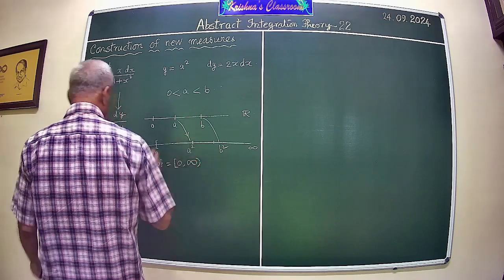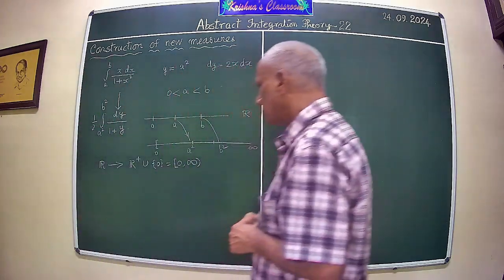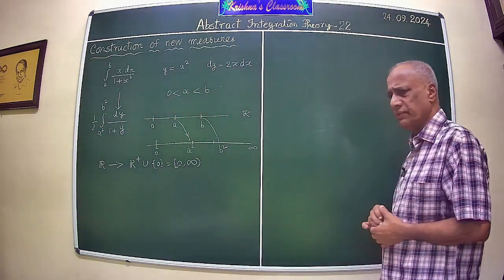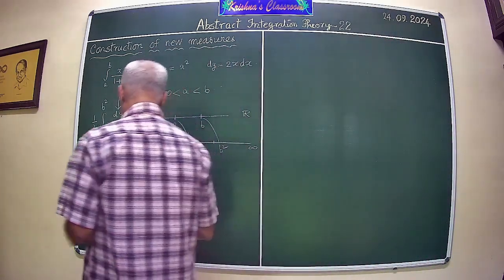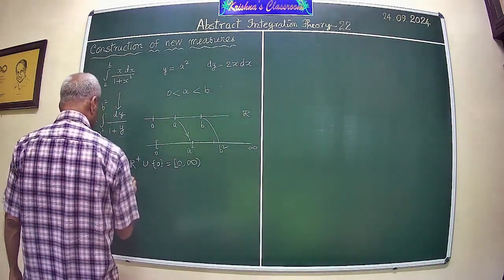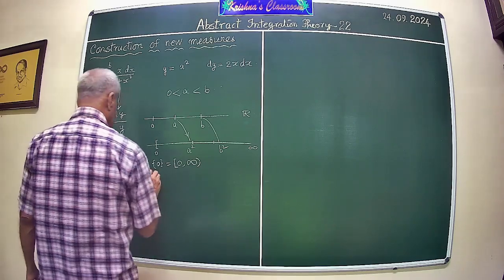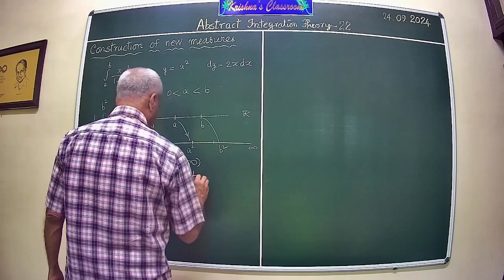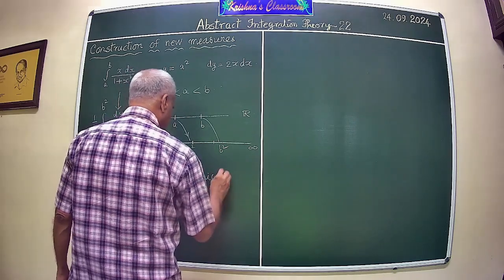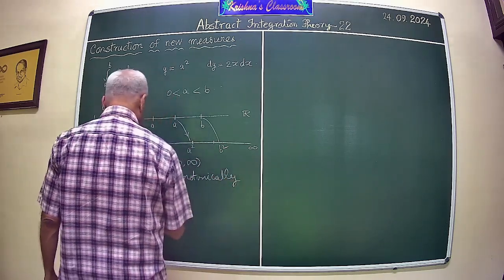There you see that it's a one-to-one map. Why is it a one-to-one map? Because the function y equal to x square is a monotone increasing function.